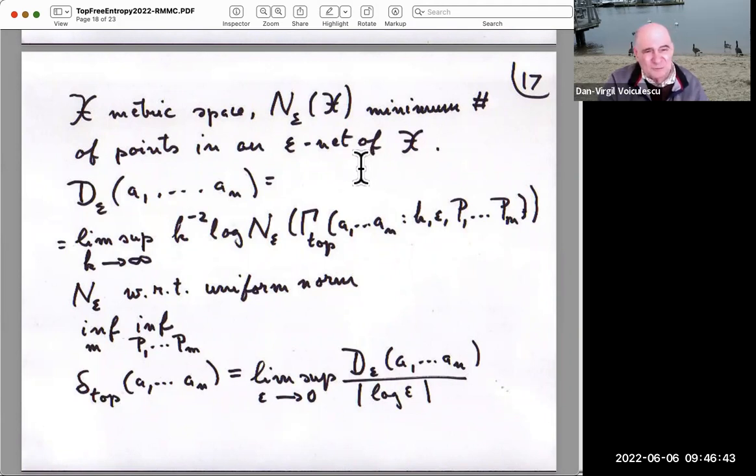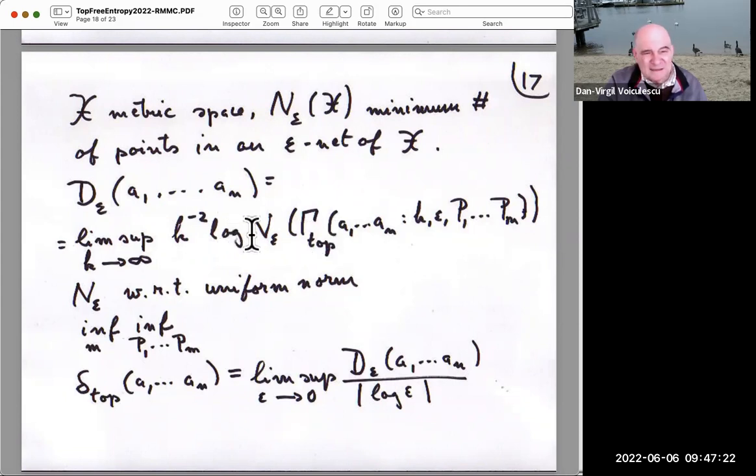And then to define the free entropy dimension in the topological setting, a la Kenley Jung definition, is to do the following thing. One takes here this Gamma top of A1, An, etc. So these are norm microstates of A1, An with these k by k matrices, and the degree of approximation is with the parameter epsilon, P1, Pm being polynomials.